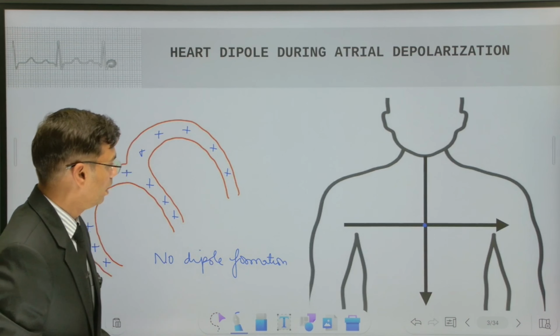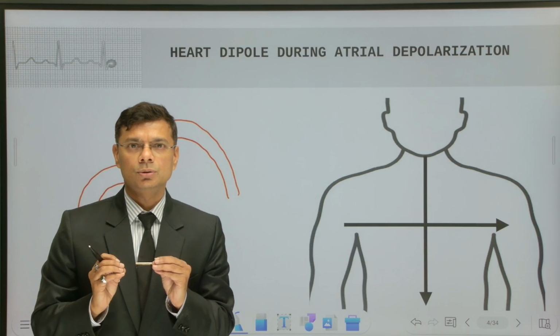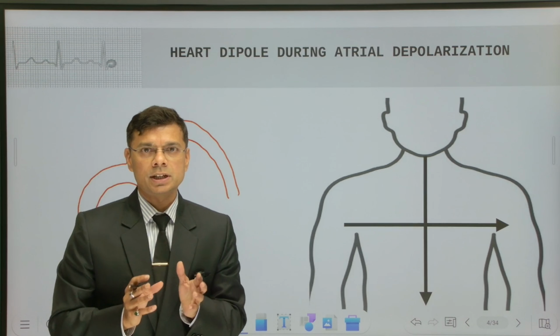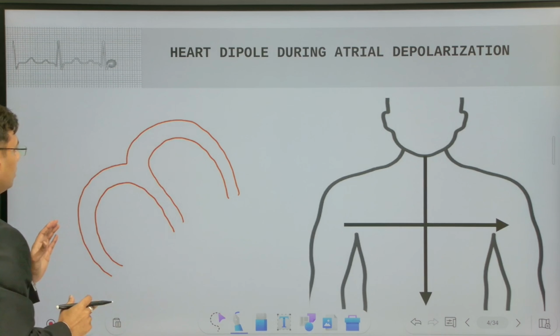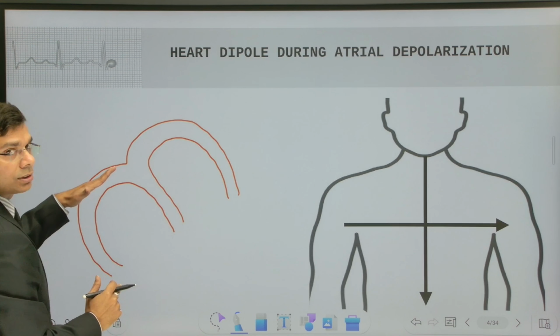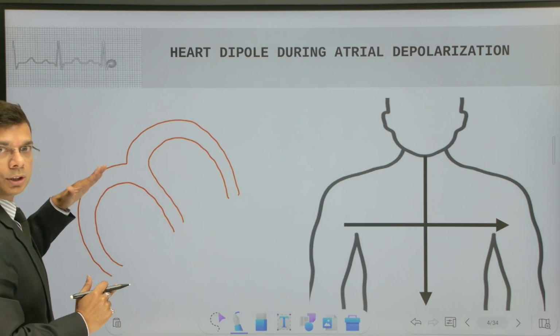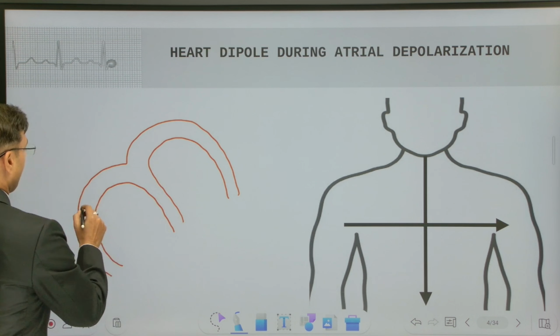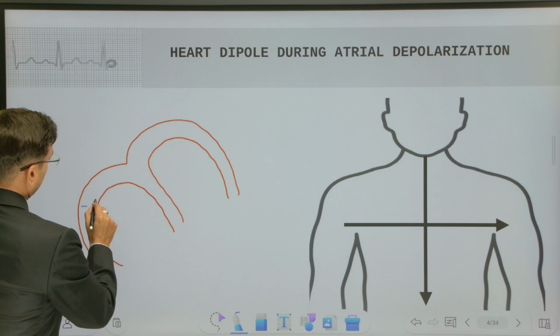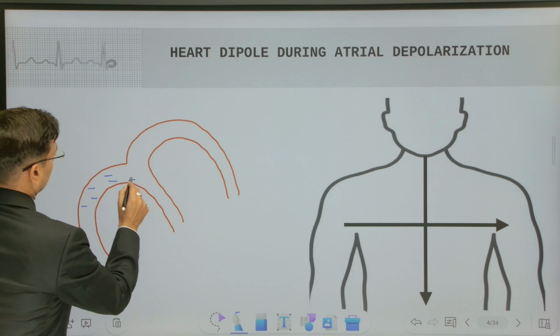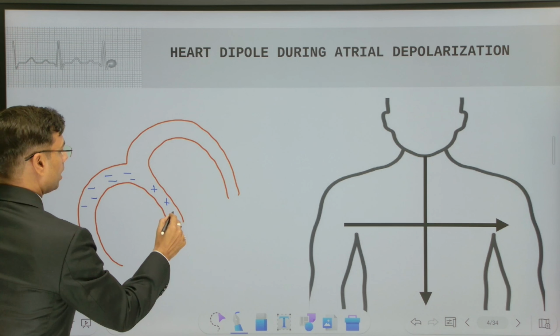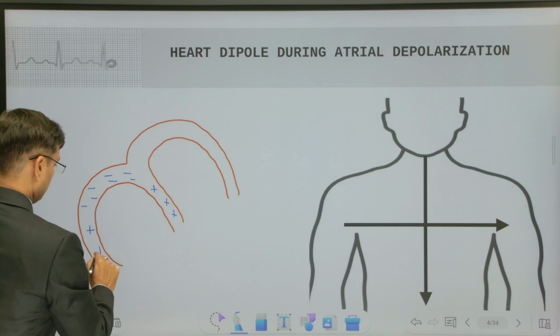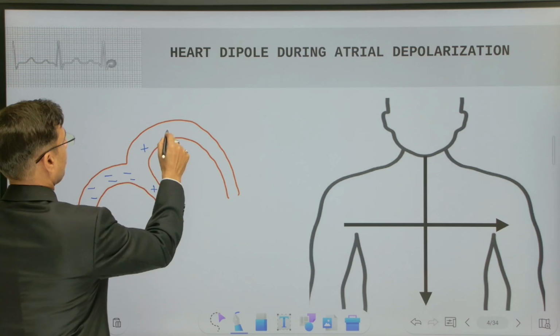Now let's say SA nodal cells generated an impulse, and because of that a few cells got depolarized. So I will say these parts got depolarized, and these parts are still in a polarized state.